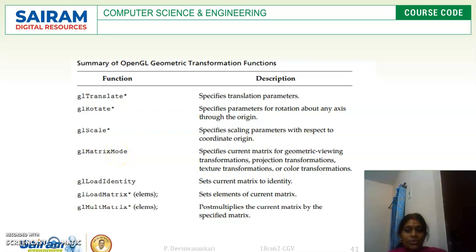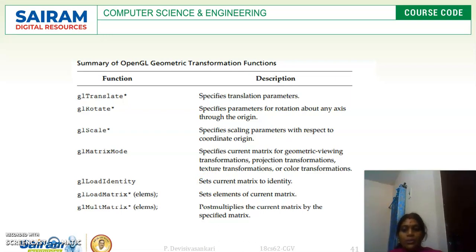It is the function which is used to specify the current matrix of the geometric viewing transformation. Okay, so by using this matrix mode, we are adjusting the projection, the viewing transformation, and also the color as well as the attribute transformations, right? And the next one is glLoadIdentity, which is used to set the current matrix to the identity matrix.